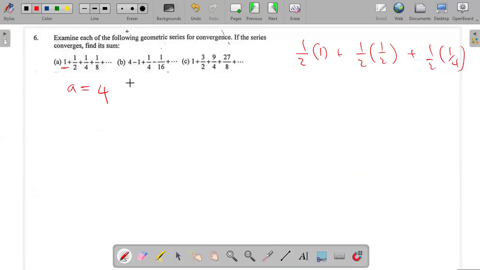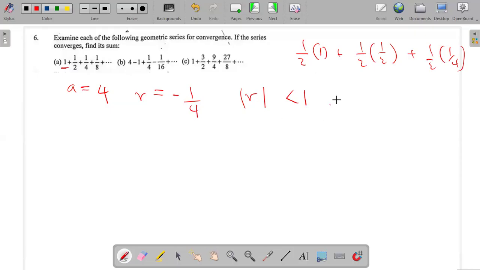When you look at all this, the common ratio there is just negative 1 over 4. You can check that there, it is obvious. Then what is the modulus of that? Is it less than 1? Yeah, 1 over 4 is less than 1.